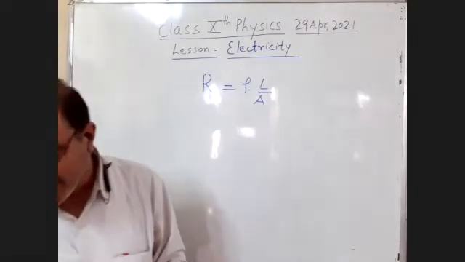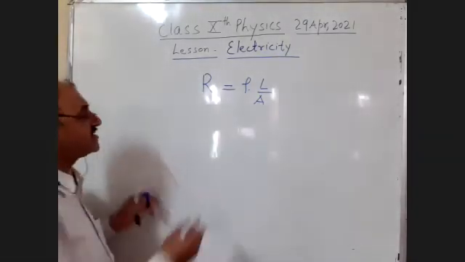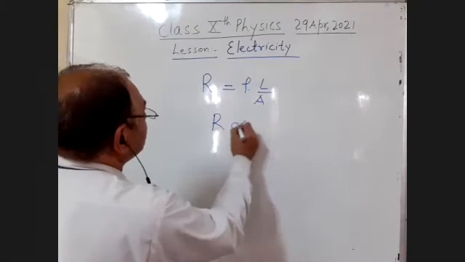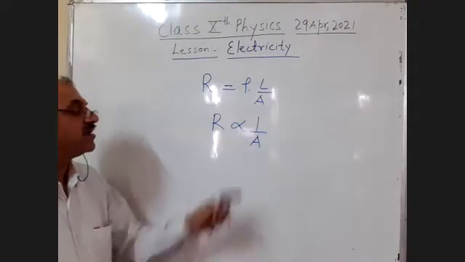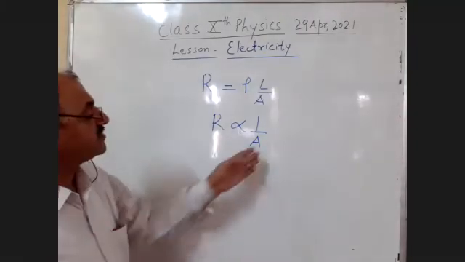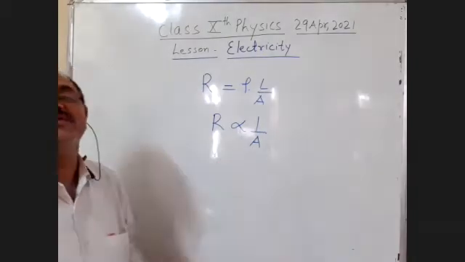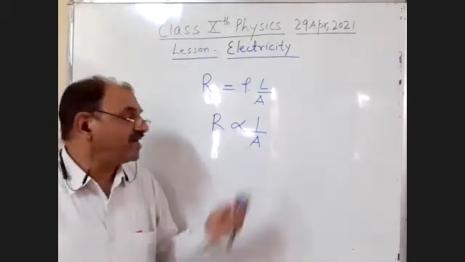Now, if the wire has more area of cross section, definitely the resistance will change, because the resistance is inversely proportional to the area of cross section. So, students, very carefully, we will obtain the answer by using this formula.